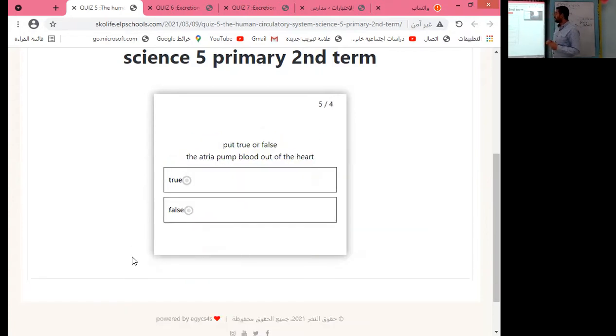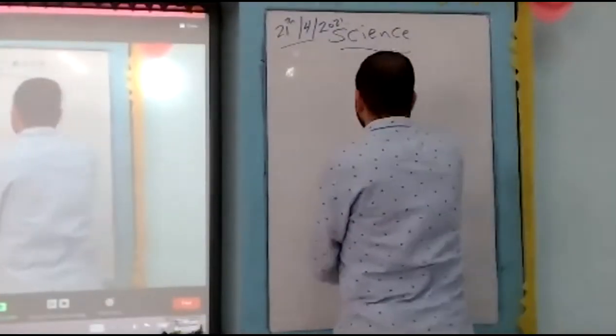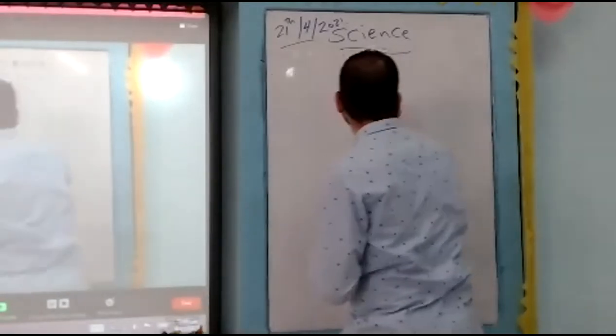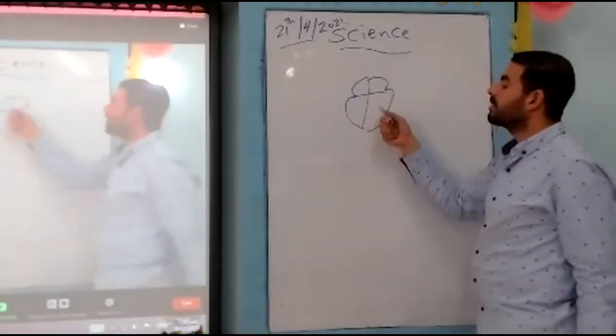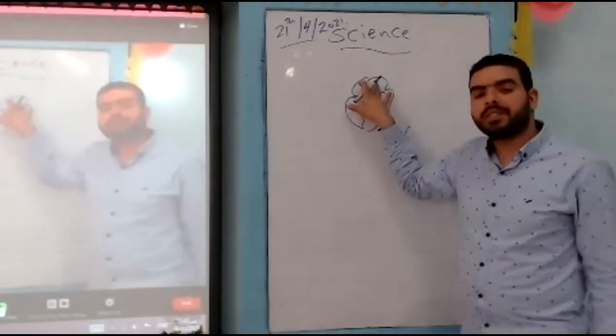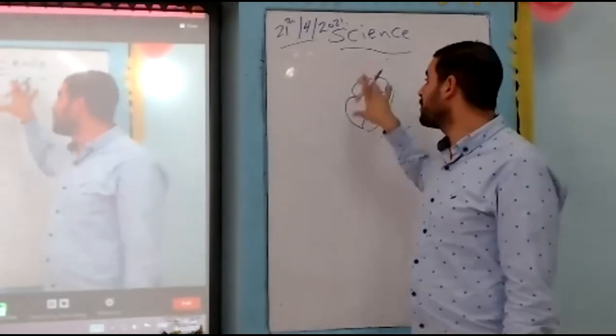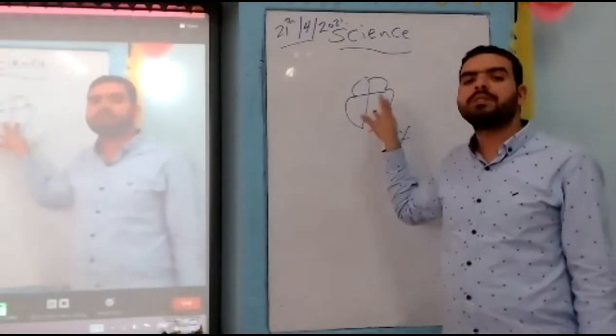Okay, the atria pump blood out of the heart. As we know, our heart consists of 4 chambers. The 2 upper chambers or rooms are called atria, while the 2 lower rooms are called ventricles.